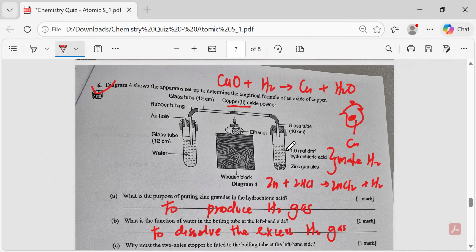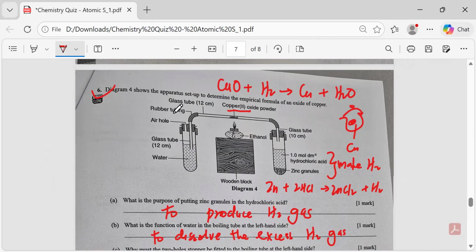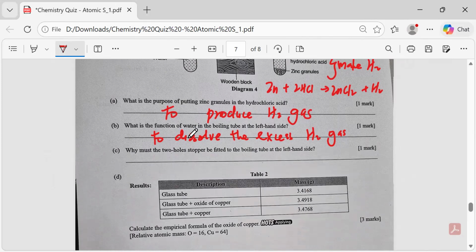Okay. Get it? Why must two holed stoppers be fitted into the boiling tube at the left side? One to allow the gas to enter, one to allow the air to leave. If this one is closed, can the gas go in? No, because you need air pressure.